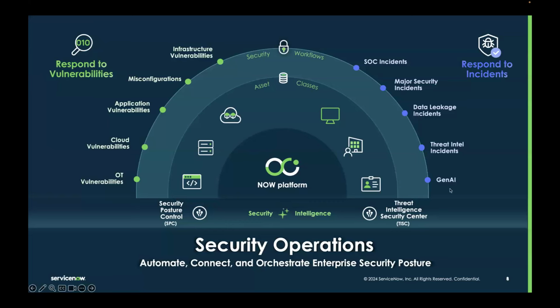The other piece that we have is the security incident response, or SIR, product. That gives us the ability to respond to incidents across enterprise security functions. Within that, we have a bunch of other products: threat intelligence, data loss prevention, incident response, major security incident response, and so on.